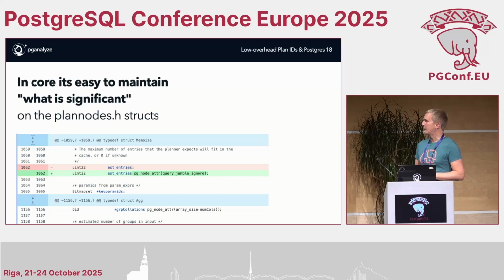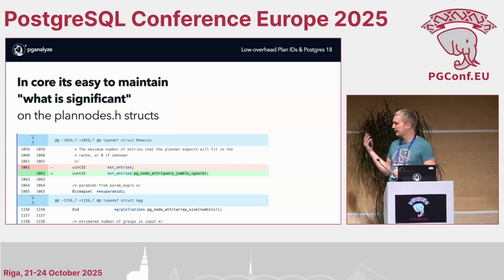I think whatever solution you do, in order to be maintainable, you should maintain it on these node structs. As of Postgres 14, there's this concept called node attributes. Maybe a little bit hard to read, but here we're looking at a Memoize plan node, and the Memoize plan node has a number of estimated entries, and we're saying PG_NODE_ATTR, ignore this when jumbling. Ignore this when we're hashing.